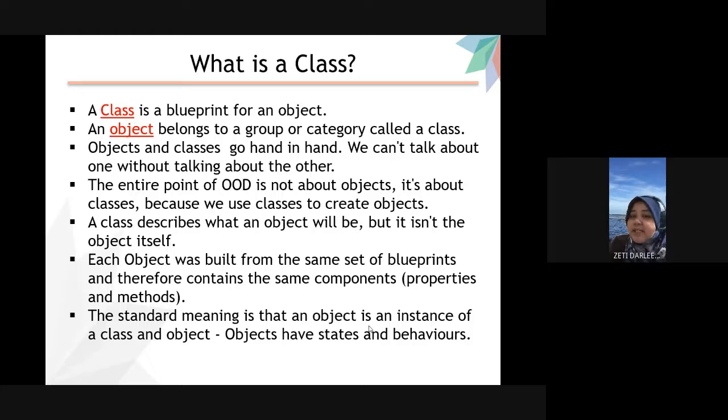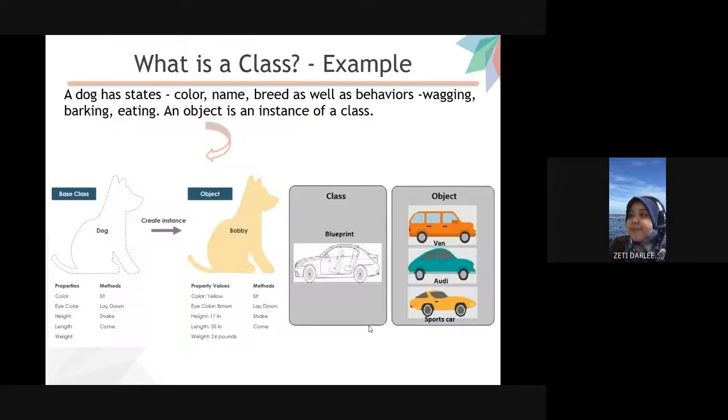So each object has its own properties and methods, tapi dia mesti share the same common similarity. So that's why it belongs to the class. The standard meaning is that an object is an instance of a class. An object is an instance of the class, okay, where the objects have states and behavior.